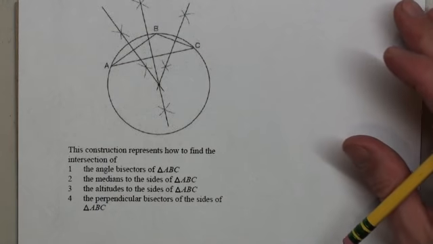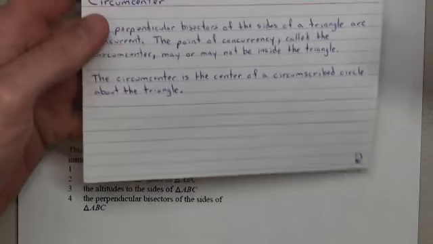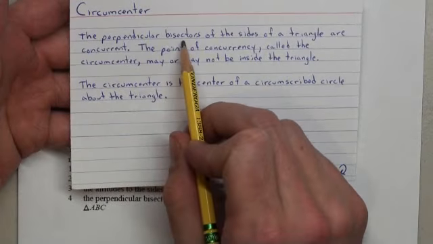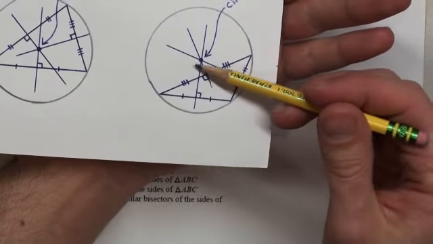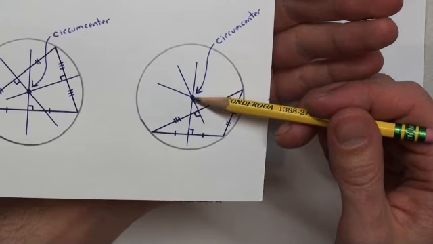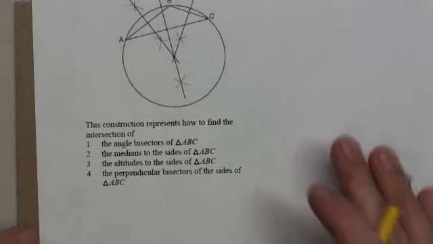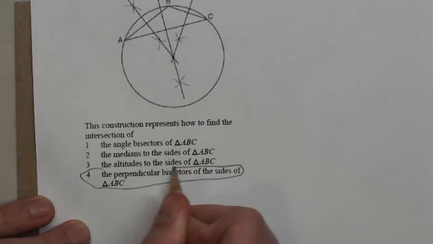This construction represents how to find the intersection of, well, the circumcenter deals with the intersection of the perpendicular bisectors, right? All of the perpendicular bisectors meet at what's called the circumcenter. So, the answer is the perpendicular bisectors. Okay?